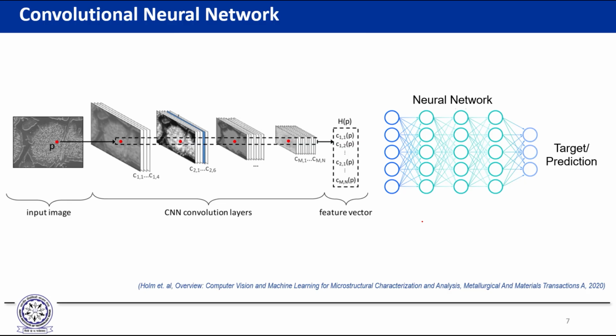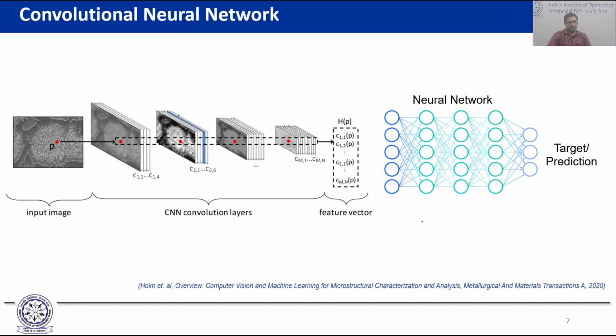So in this type of computational pipeline, instead of looking at every pixel individually, we are trying to automatically learn patterns which are there in this image. These patterns could be in the form of grain boundaries, texture, or the shape of the grain, layer by layer. So this is the overall idea of the convolutional neural network.